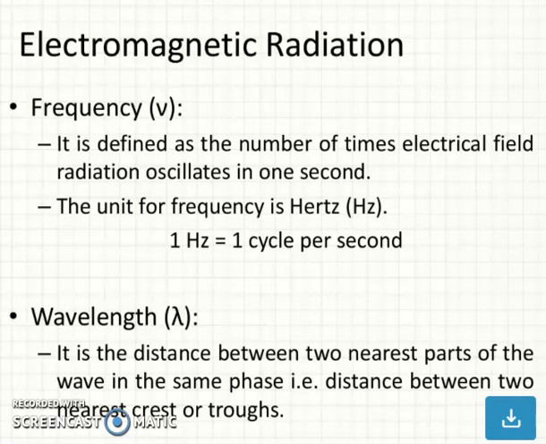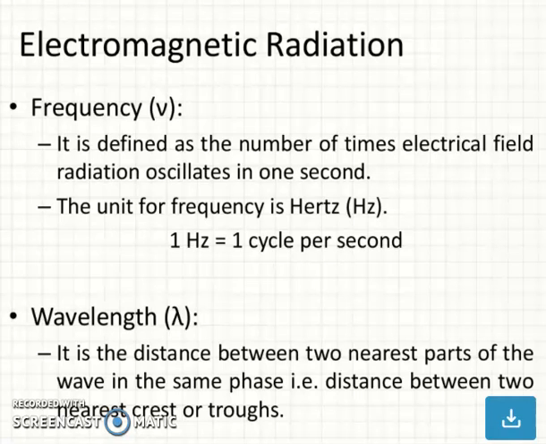Now, electromagnetic radiations have two important parameters, frequency and wavelength. What is frequency? It is defined as the number of times the electric field radiation oscillates in 1 second. The unit for frequency is hertz. 1 hertz is equal to 1 cycle per second.